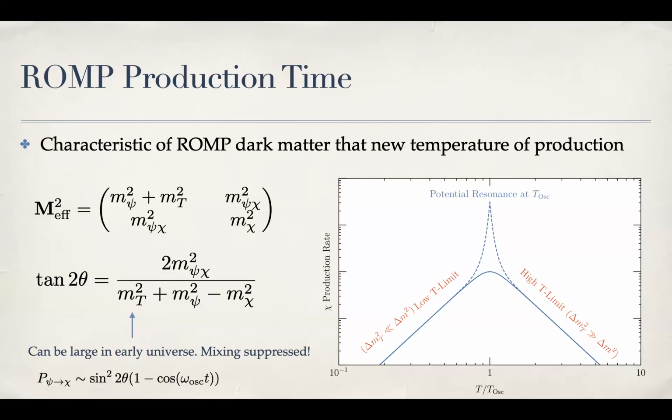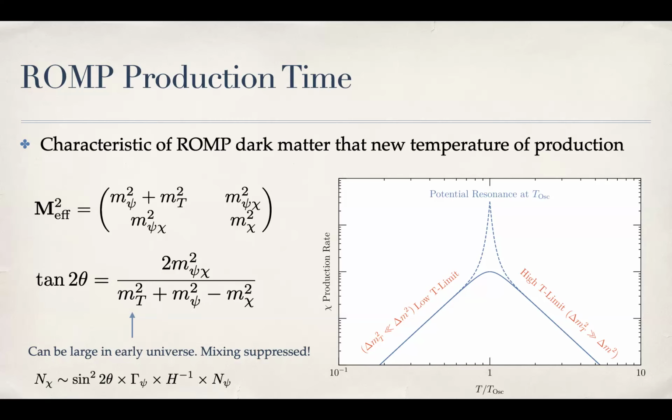Every time this ψ state scatters in the early universe, you're making a quantum mechanical measurement, with some sine squared of 2θ probability of measuring your ψ as a χ, if your interactions are much slower than the oscillation rate. So on average this term averages out, and your probability, when you make a scatter, is sine squared of 2θ of measuring your ψ as a χ.